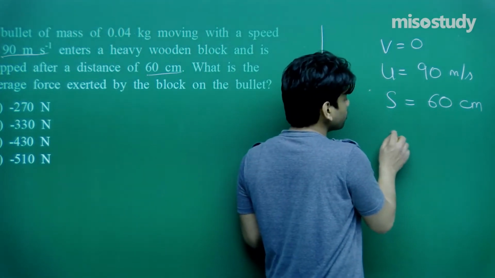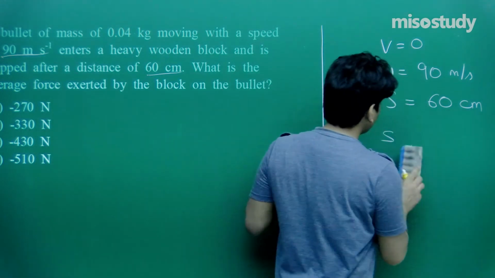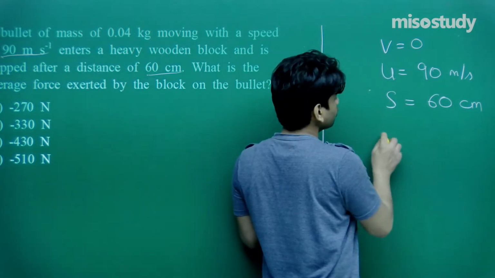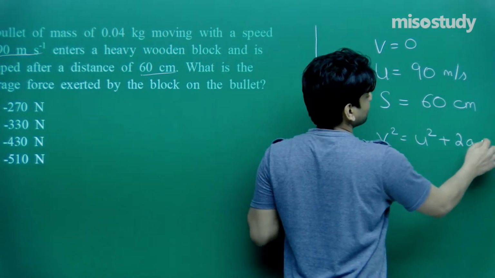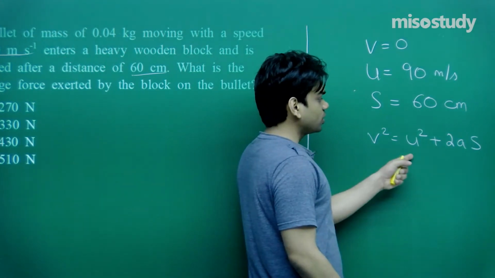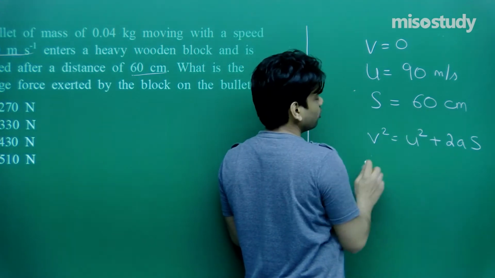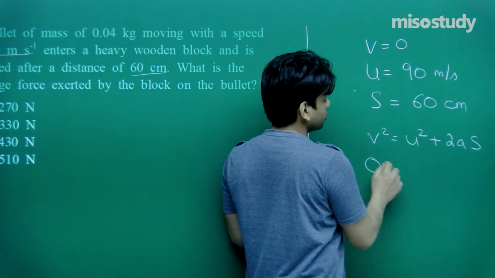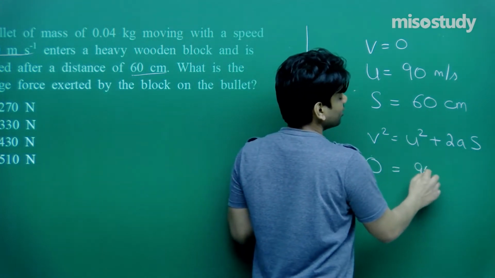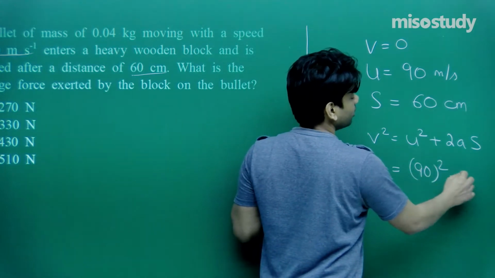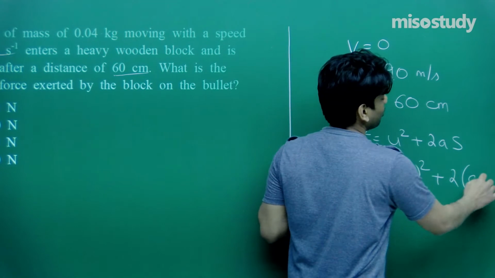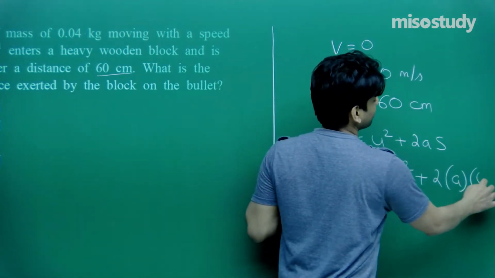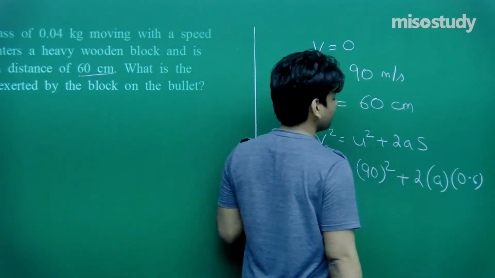Now if we use V square is equal to U square plus 2AS. V is 0, U is 90, so 0 equals 90 whole square plus 2A into 0.6.